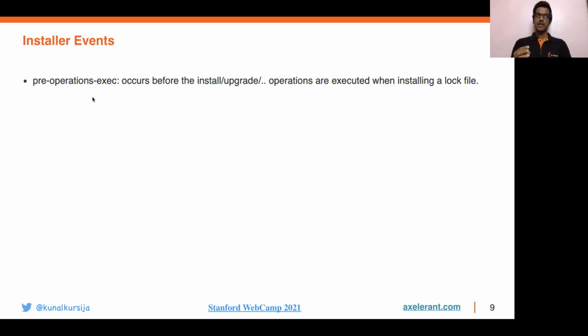When you fire this command, that is composer install, or composer require package name, Composer is going to update the lock file first, that is the workflow. Before downloading the package from Packagist, it is going to fire this particular event, which is pre-operations-exec. And you can hook your business logic in this event itself.